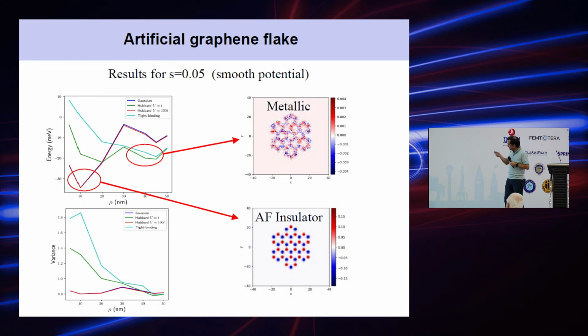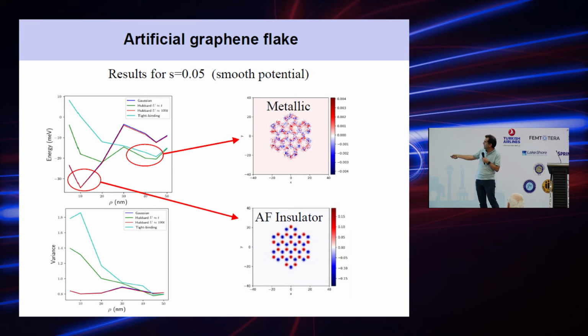And here are actually the most important results. Here is the total energy of the system as a function of rho. Rho again is the diameter of the dot. The different colors are different trial wave functions. We have a phase transition around 20 nanometers.